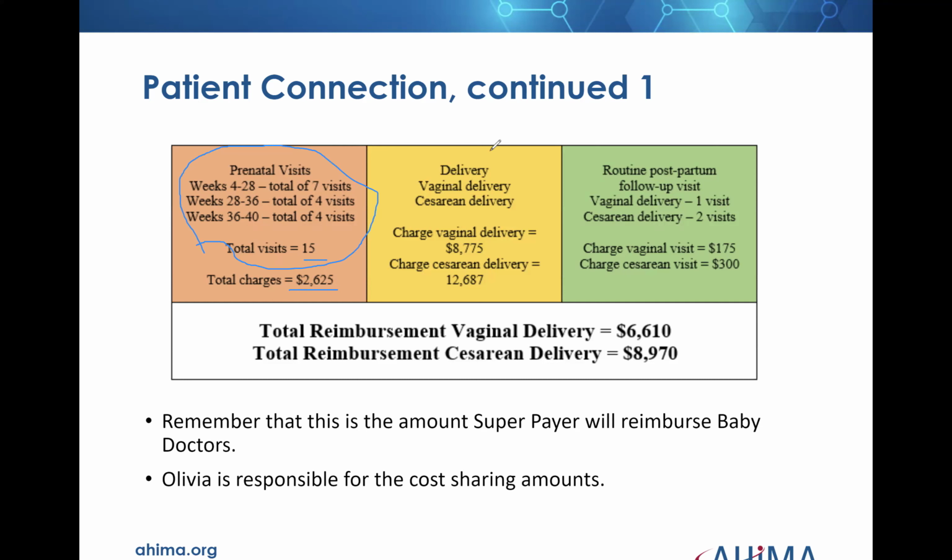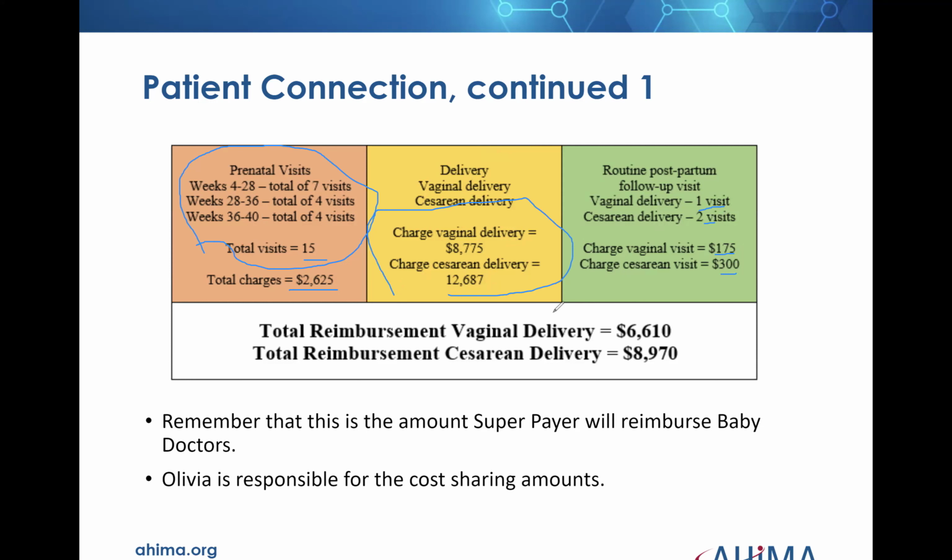The delivery charge, if it's a vaginal delivery, 8,775. Cesarean delivery, 12,687. And then the routine postpartum, 1 visit for a vaginal delivery, 2 visits for the C-section, and then here are the associated charges.